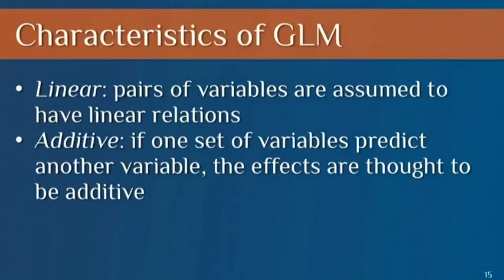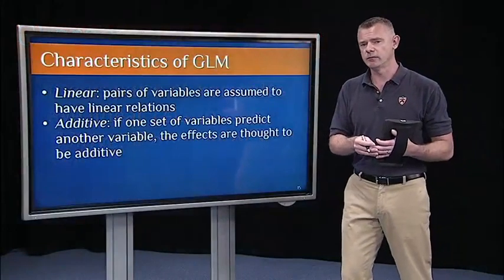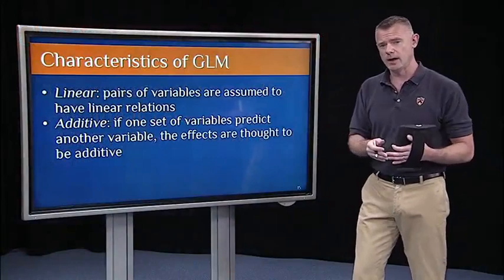And the main thing to remember about it is that the framework itself is linear and additive, but we can trick it to test for nonlinear effects or non-additive effects. And in multiple regression, we're going to call that moderation. In factorial ANOVA, we're going to call that interaction.